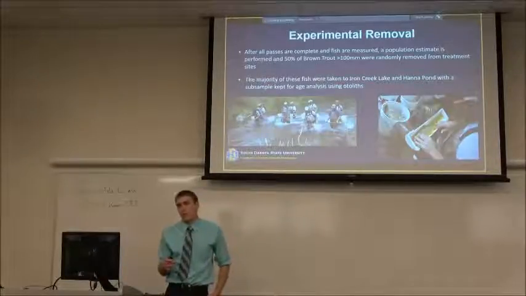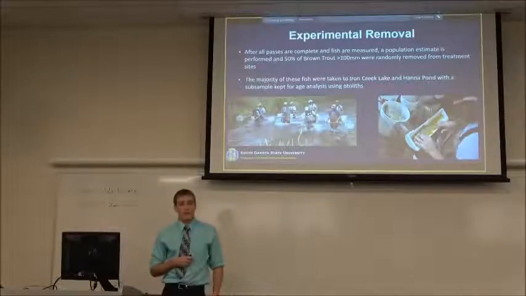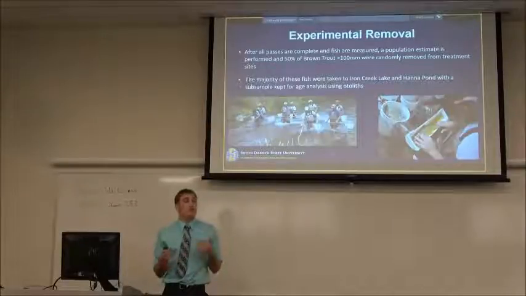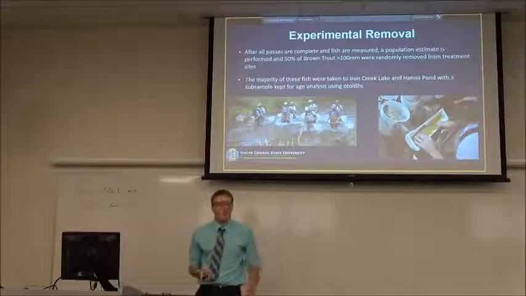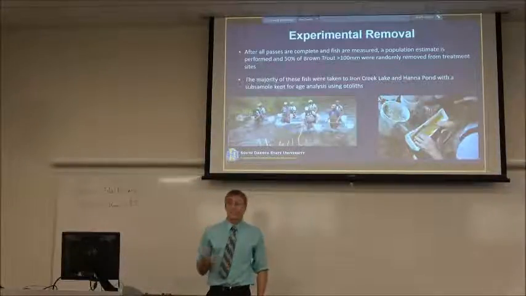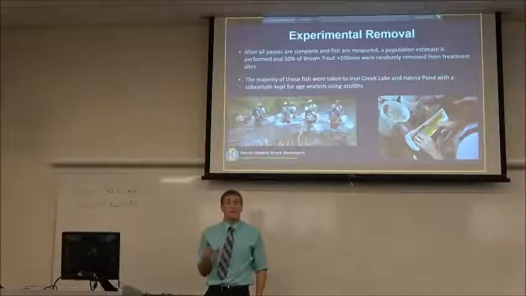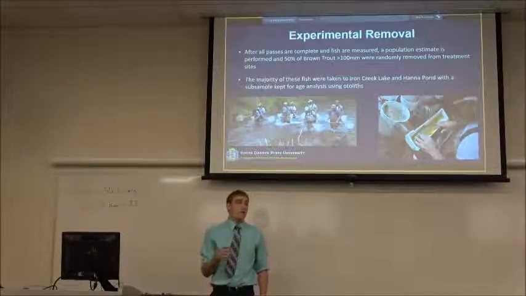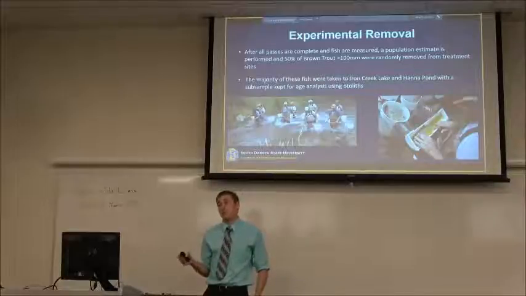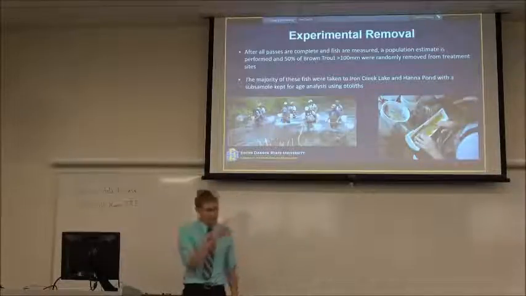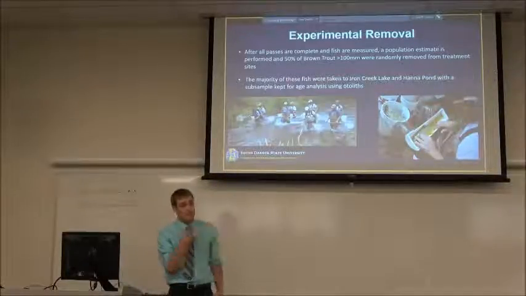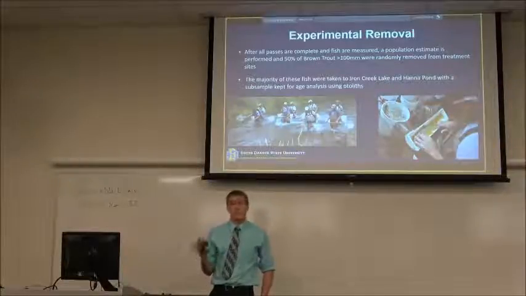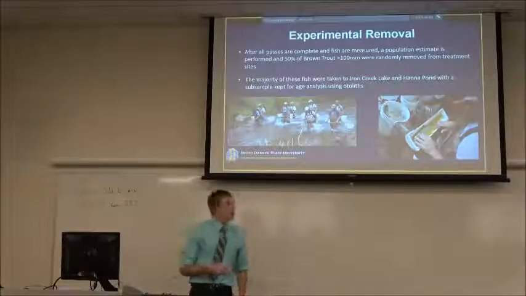These are both popular fishing destinations within the Hills, and it was used as supplemental stocking for these 2 still waters, with a subsample of those trout being taken for age and growth analysis. Now, we took 35 fish per 100 millimeter bin in those experimental groups that I was just talking about, and then 5 per 100 millimeter bin in our control groups.